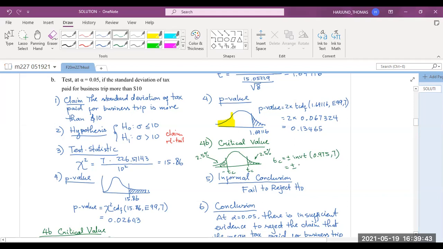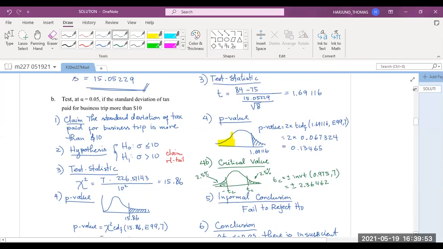I get 2.36462. Now notice that my test statistic does not fall in the tail. It's actually here. The test statistic is here, positive 1.69, right? That's my test statistic.